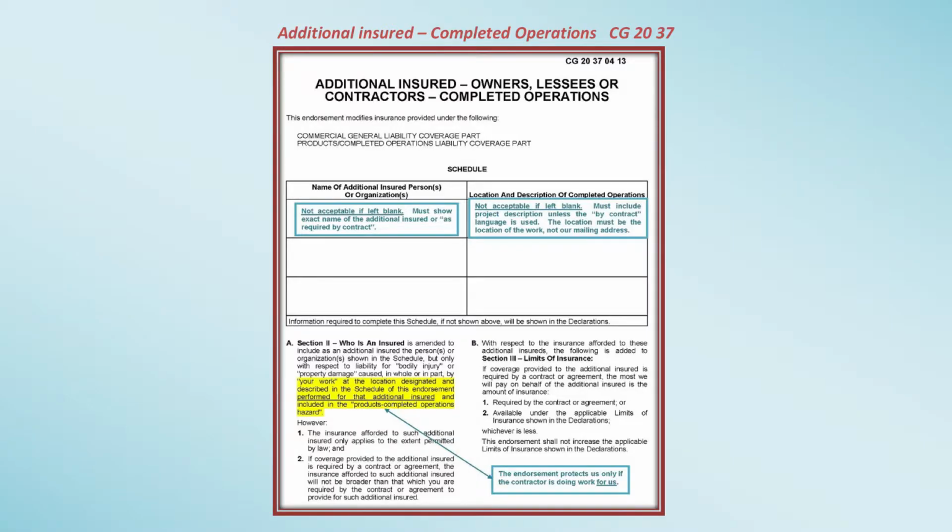Okay, the companion endorsement for contracting and construction is the additional insured, what I call additional insured completed operations. It's that same title, owners, lessees, or contractors. This one is for completed operations.